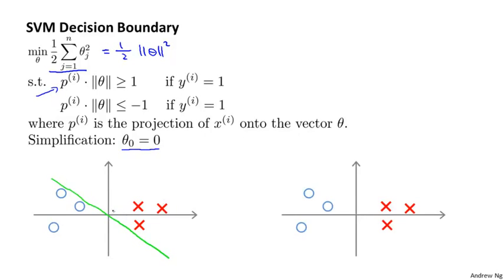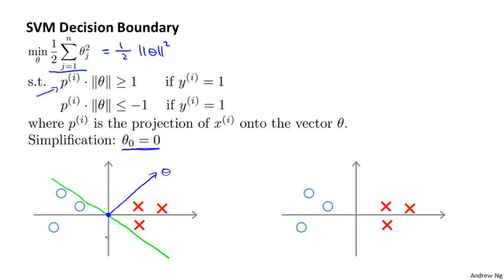For this choice of parameters, it's possible to show that the parameter vector theta is actually at 90 degrees to the decision boundary. And so that green decision boundary corresponds to a parameter vector theta that points in that direction. And by the way, the simplification that theta 0 equals 0 just means that the decision boundary has to pass through the origin 0, 0 over there.